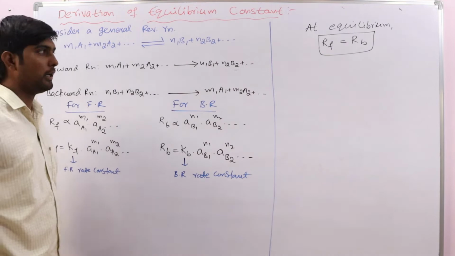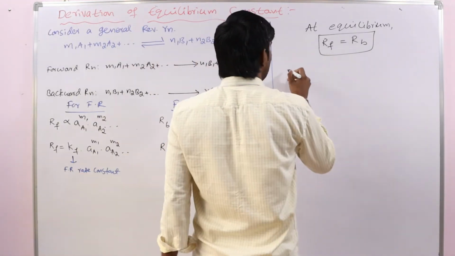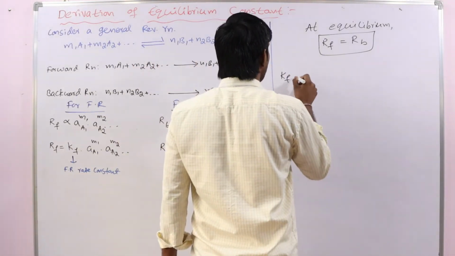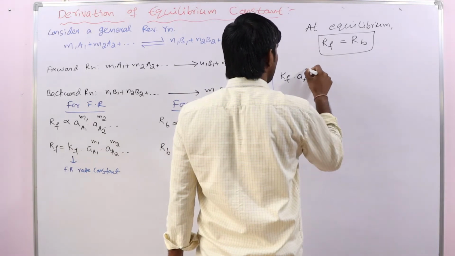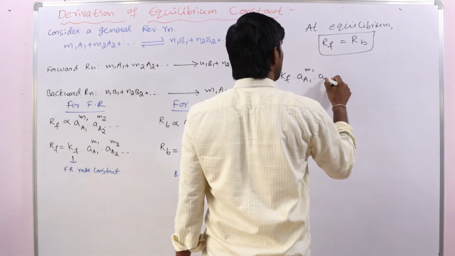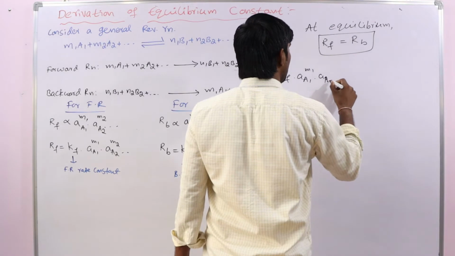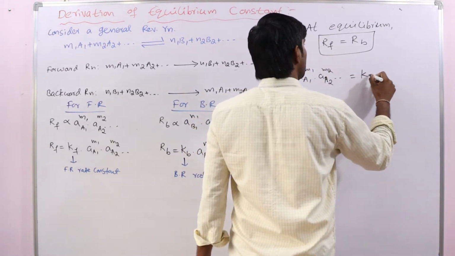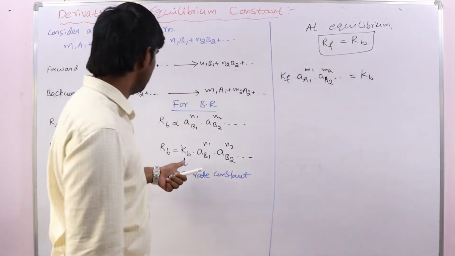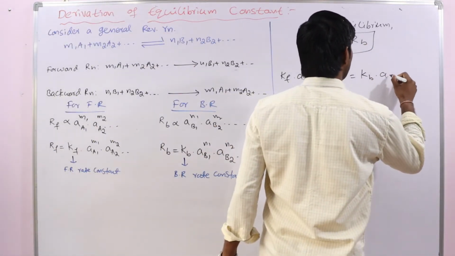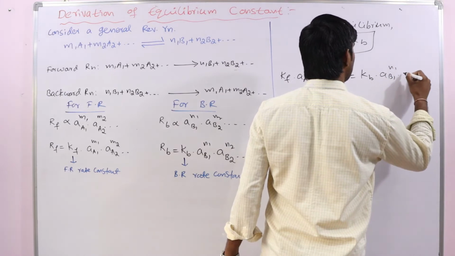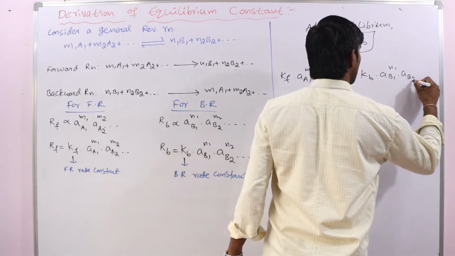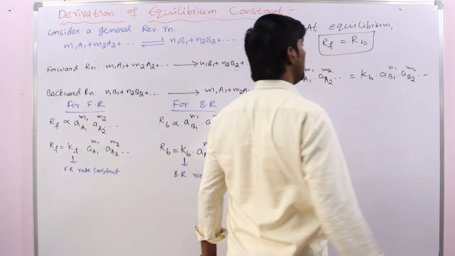Rate of forward reaction equals Kf into active mass of A1 whole power m1 into active mass of A2 whole power m2 and so on, which equals RB, equals Kb into active mass of B1 whole power n1 into active mass of B2 whole power n2 and so on.